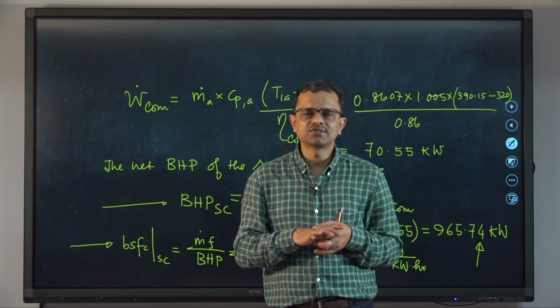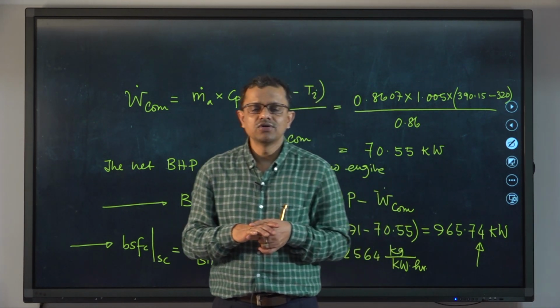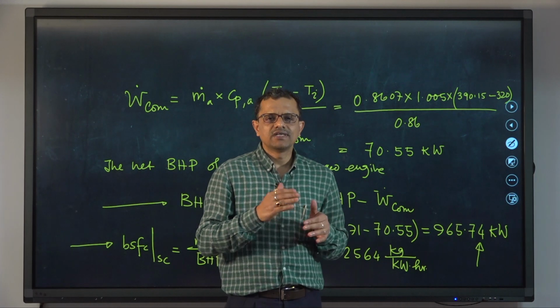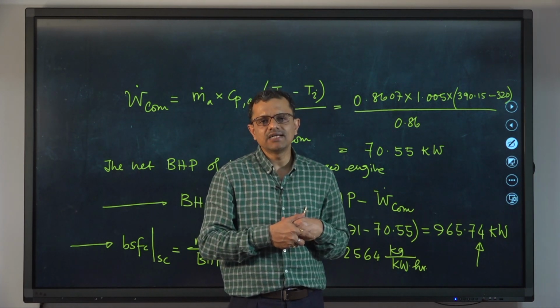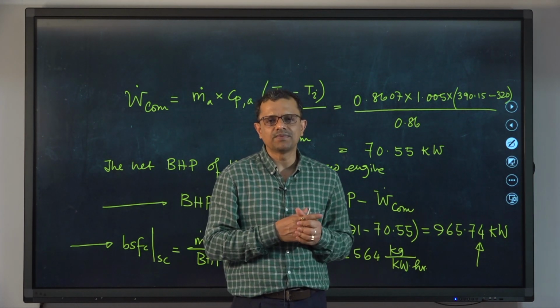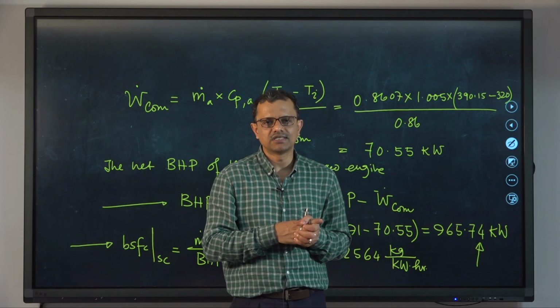And finally, we have solved one numerical problem on supercharger, and by solving this problem we have tried to illustrate the conceptual part of this particular unit, that is supercharger.